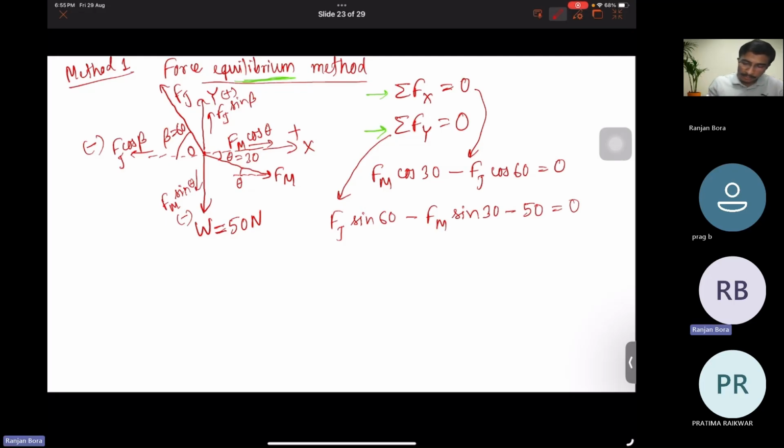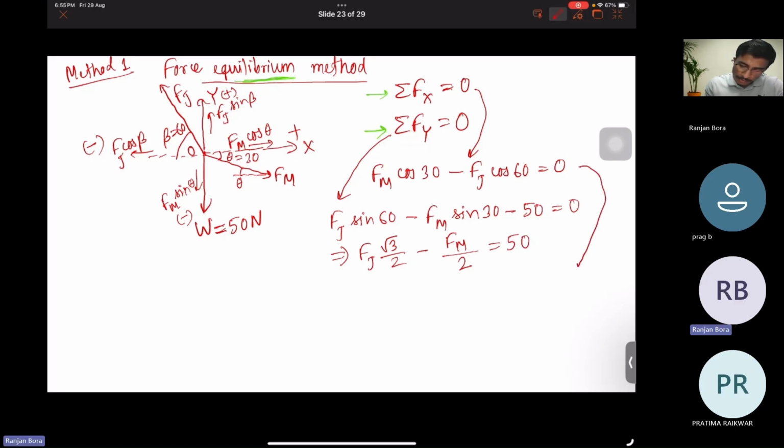Now we can solve. What is sine 60? Sine 60 is root 3 by 2. So Fj root 3 by 2 minus Fm times 1 by 2 sine 30 equal to 50.